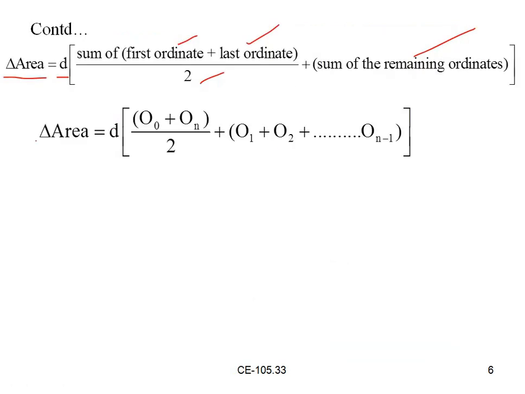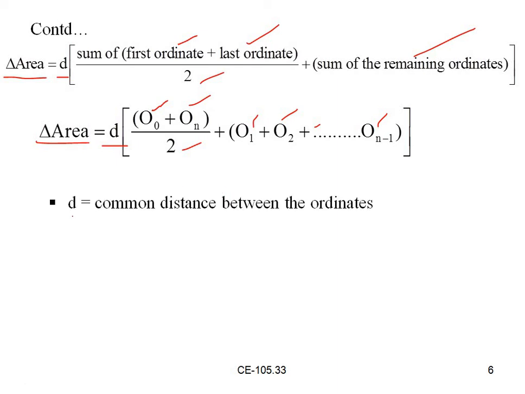That means area is equal to d into [(O0 plus On) by 2 plus O1 plus O2 plus O3 up to On minus 1], where n means the number of ordinates. This is the formula used in the trapezoidal method.